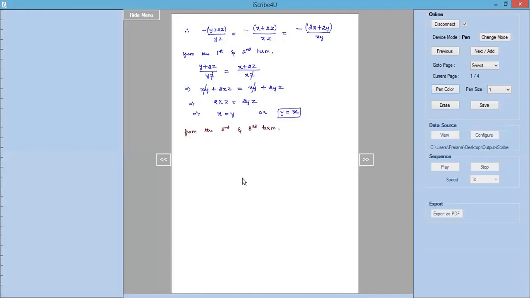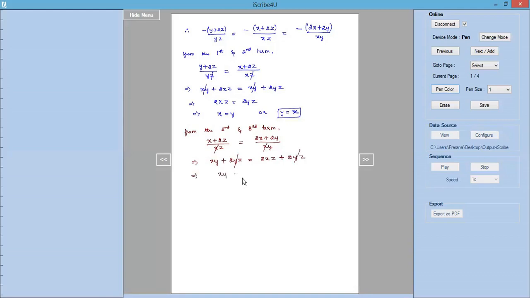By cancelling the minus sign, I consider the terms (x + 2z)/(xz) is equal to (2x + 2y)/(xy). So we observe in the denominator, x gets cancelled. Cross multiplying, we obtain xy + 2yz is equal to 2xz + 2yz. 2yz gets cancelled on both sides.